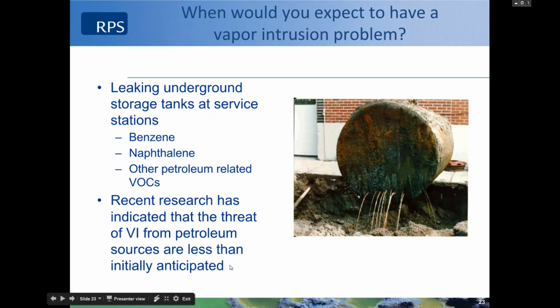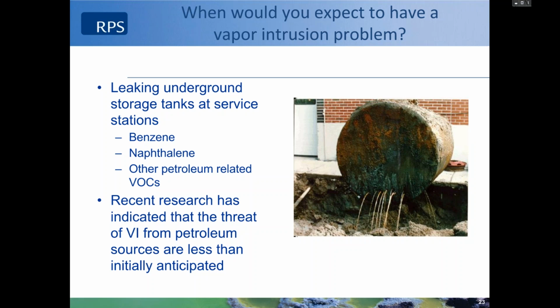Gas stations. This is where a lot of research has gone into looking at what is the contribution of petroleum to vapor intrusion. So when we have a leaking underground storage tank at a gas station, the main things that we're looking for from a vapor intrusion perspective would be benzene and naphthalene. Those have the highest risk drivers of the chemicals for vapor intrusion. There are some other chemicals that people talk about, but benzene and naphthalene are kind of the biggest ones.